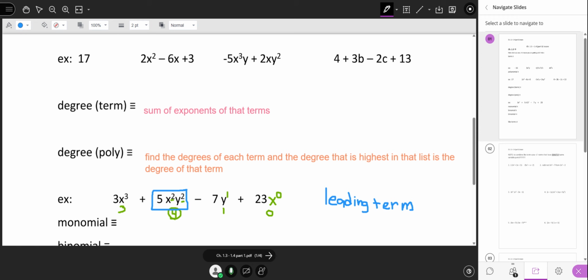And the leading coefficient would be 5. Coefficient is the number in front.